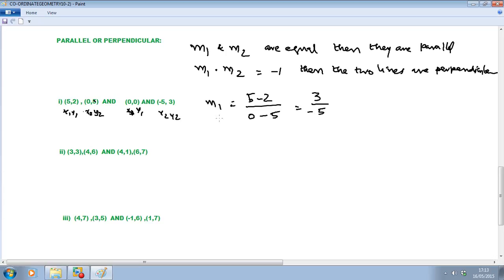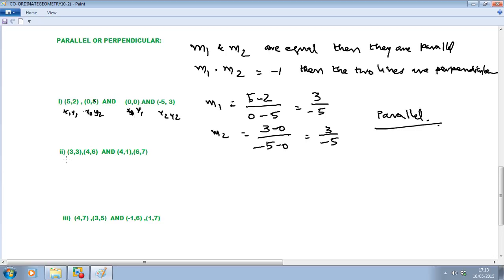The second one, m2, is equal to 3 minus 0 divided by minus 5, which is also 3 by 5. So m1 and m2 are equal, so they are parallel.